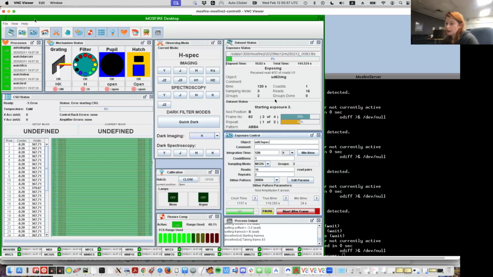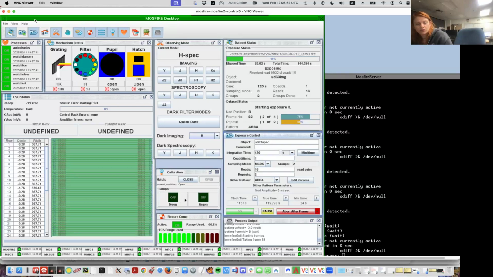But we also need to figure out what part of our detector represents what wavelength of light. So what we have to do is measure, here, I'll point this out. Can you see my cursor? Yes. There we are.